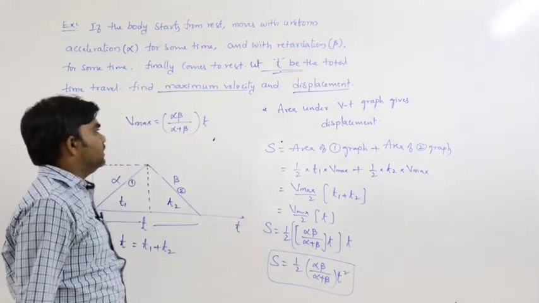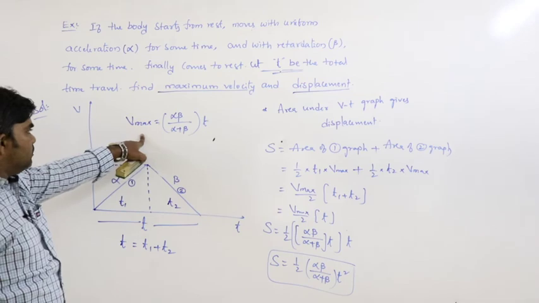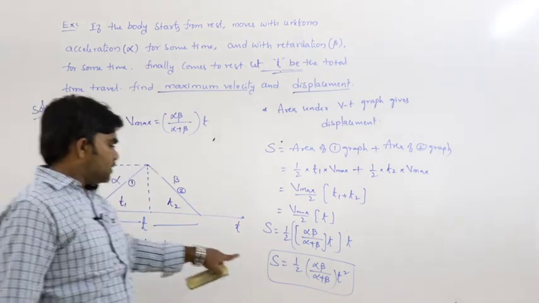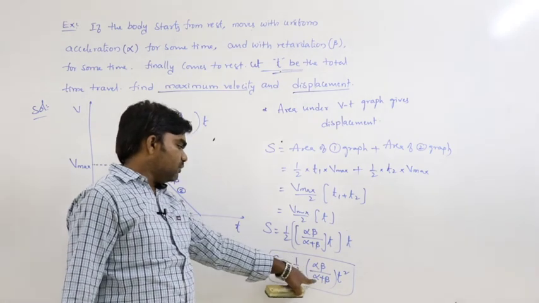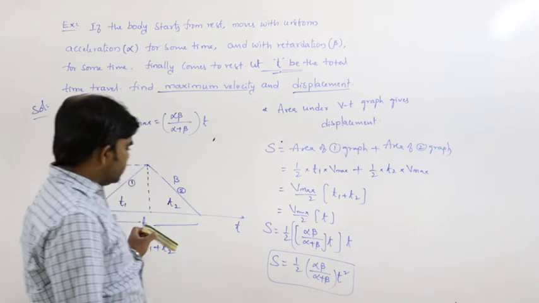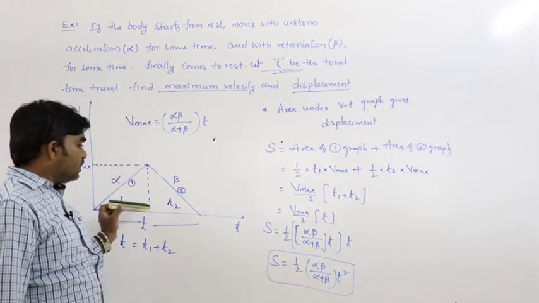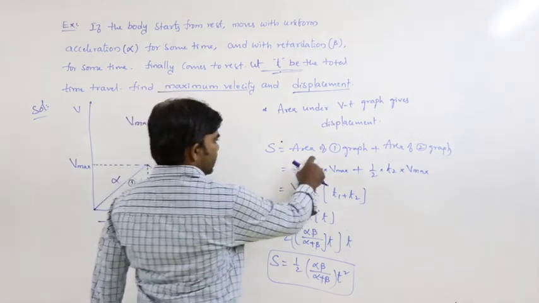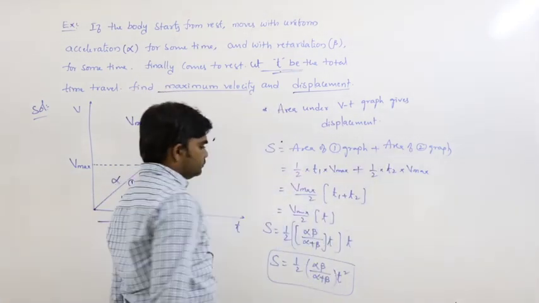This is the displacement. So the maximum velocity is Vmax equals alpha beta by alpha plus beta into t, and displacement is equal to half into alpha beta by alpha plus beta into t square. How do we calculate displacement? Area under the velocity time graph gives displacement. So this is the area of the first graph plus the area of the second graph.